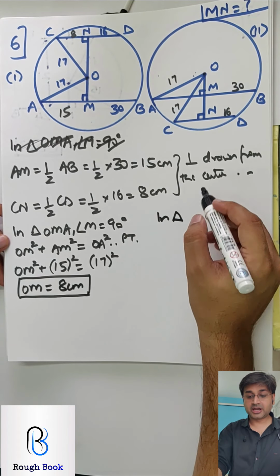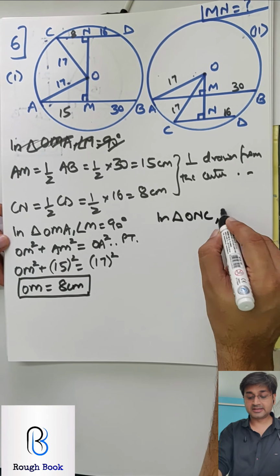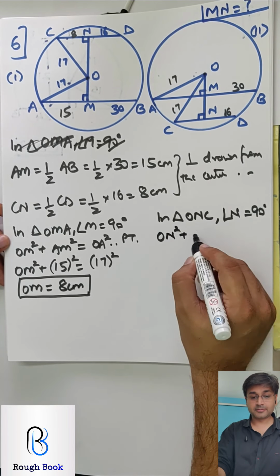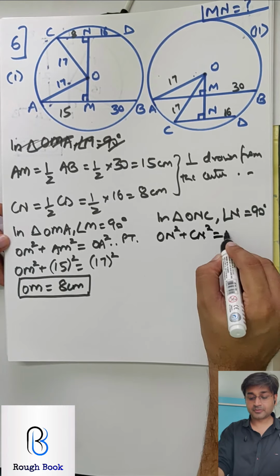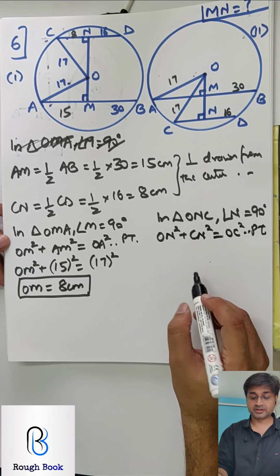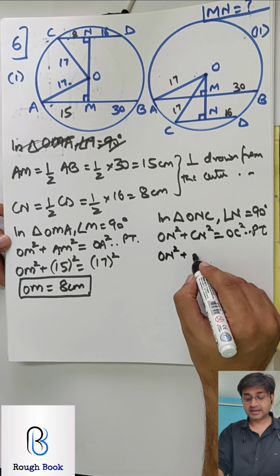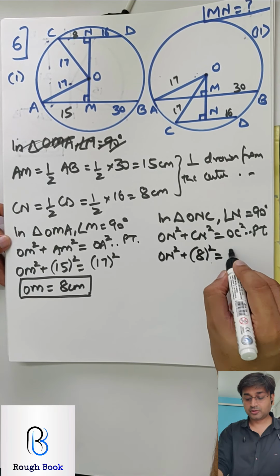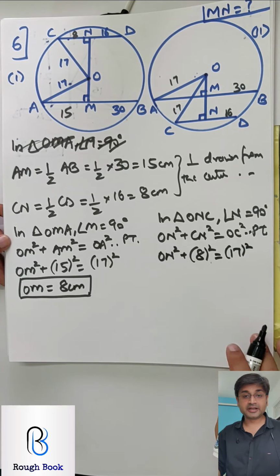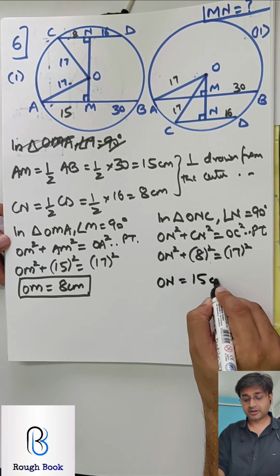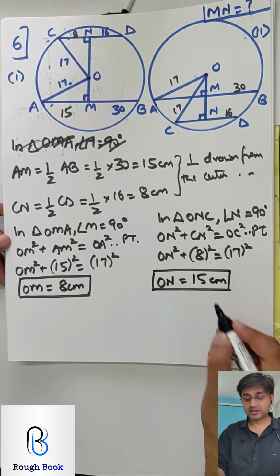Likewise, I am jumping into the other triangle ONC, angle N 90 degrees. So ON square plus CN square is equal to OC square. Again Pythagoras theorem. ON is unknown, CN is 8, and OC 17. So 289 minus 64, 225, and therefore ON is going to be 15. So we managed to get both.